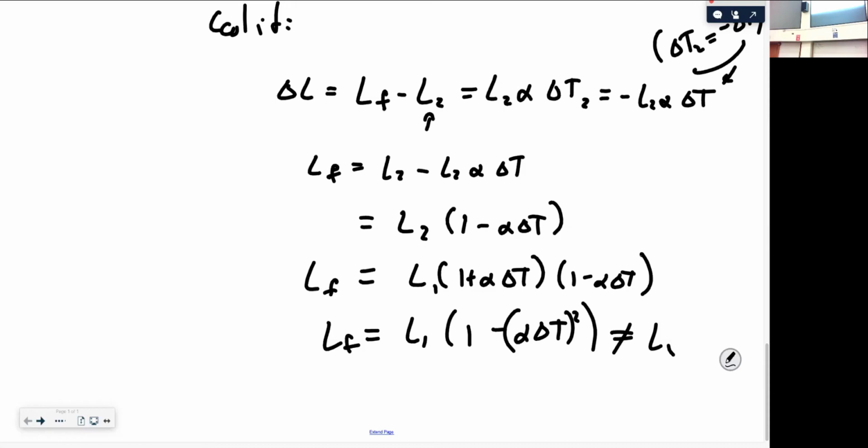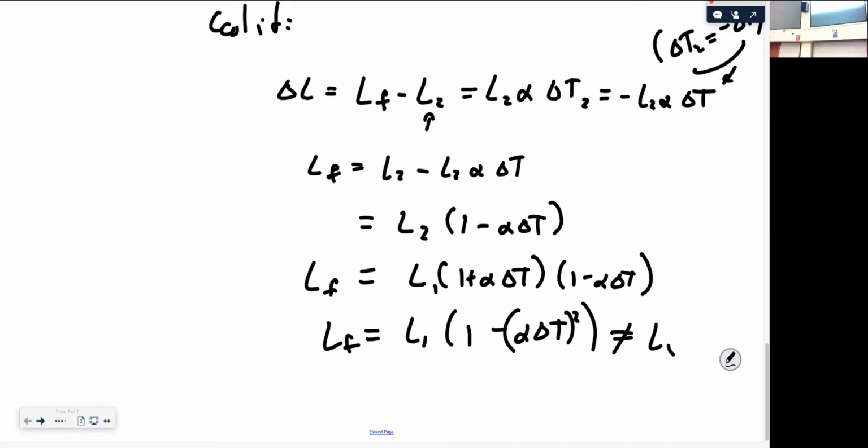But for the most part, if your delta t's are small and your delta L's are small, much smaller than your L's, and that's almost always the case, then this works really well. Because delta t is really small and alpha is pretty small. And if you square that thing, two small things multiplied together, it gets even smaller. And that thing in the negative sign there is really small, and you can kind of ignore it.